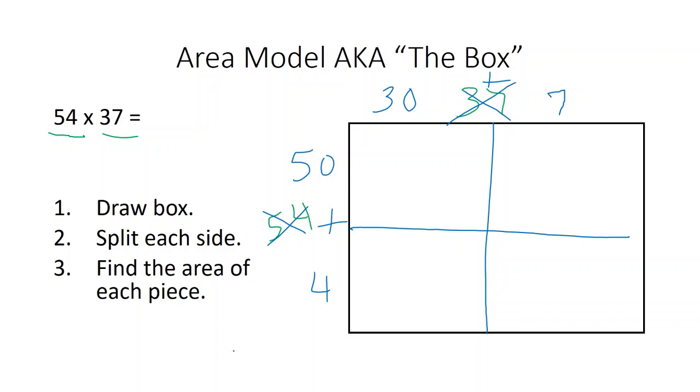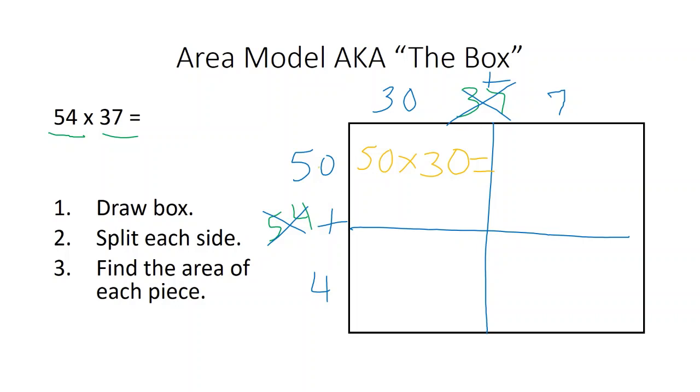My next step is to find the area of each of these smaller pieces. Let's take a look at my first piece. In this smaller box, on one side I have a 50, and on the other side I have a 30. I know I'm going to multiply these two pieces because I'm trying to find the area of this small box.